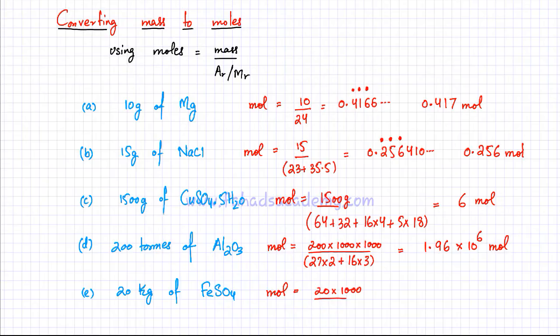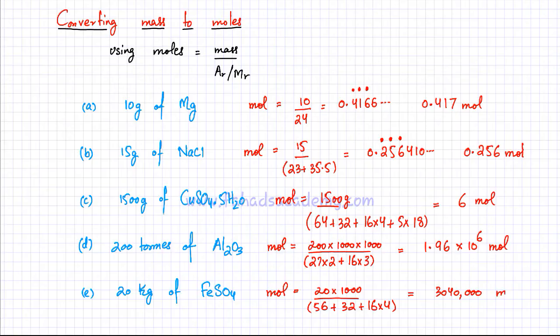And then I'm going to divide this by the MR of FeSO4, which is going to be 56, which is Fe, plus there's 1 sulfur, that's 32, plus there are 4 oxygen, so that's 16 into 4. And once I do my division, that's going to give me 304,000 moles.